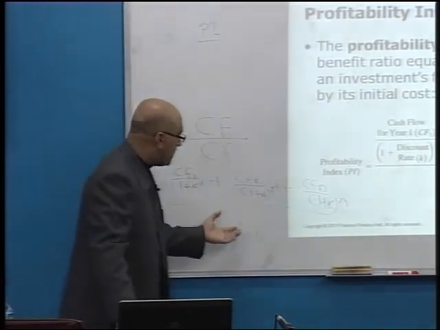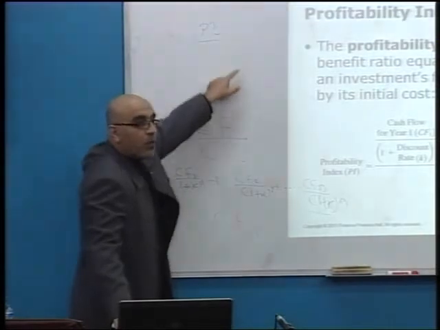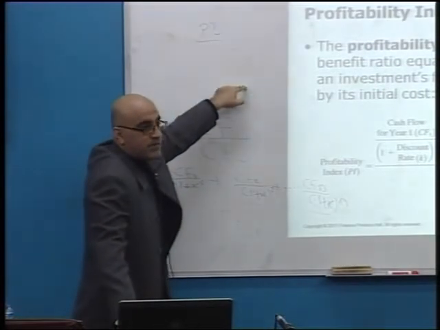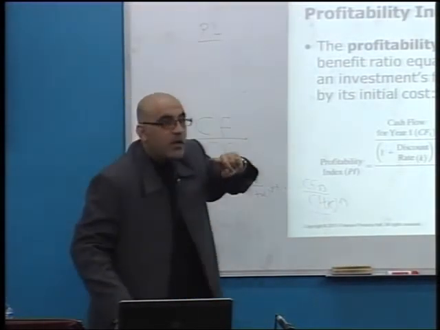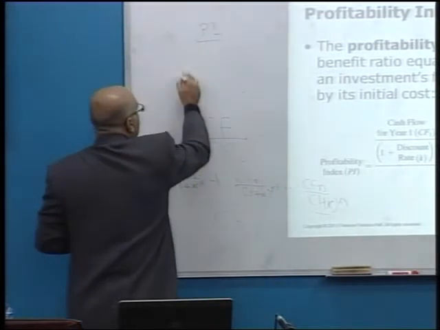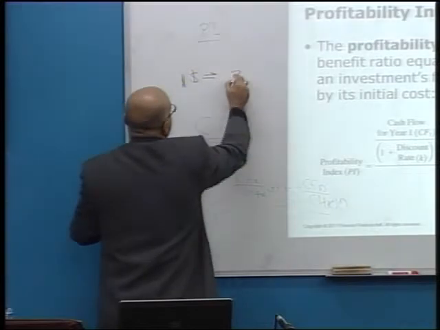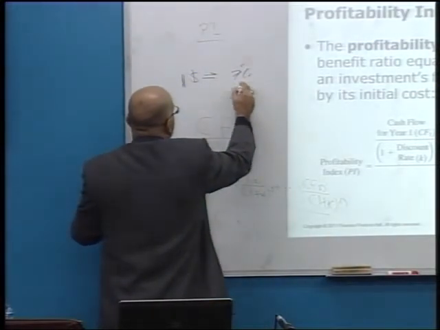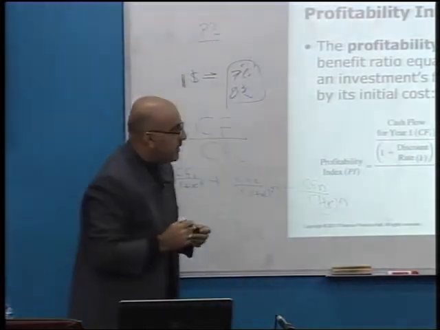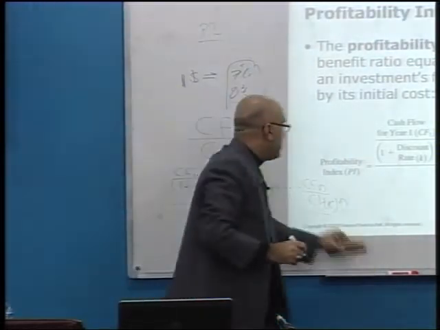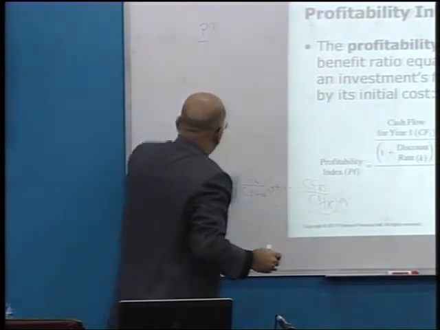If we invest $50,000, what is the return on the $50,000 as a percentage? Or if I invest $1, what is the return on the $1? 7%, for instance, 8%. So this is the idea of the profitability index.